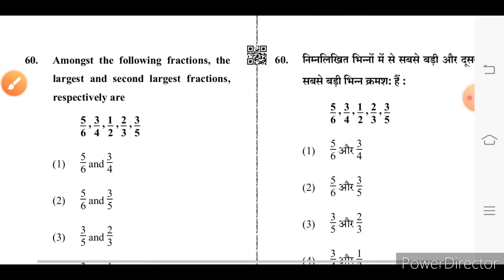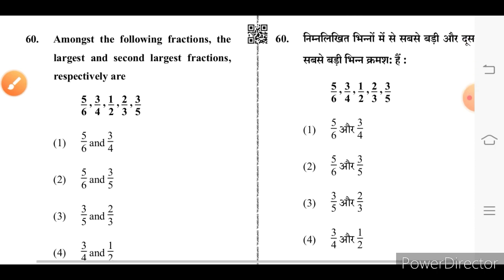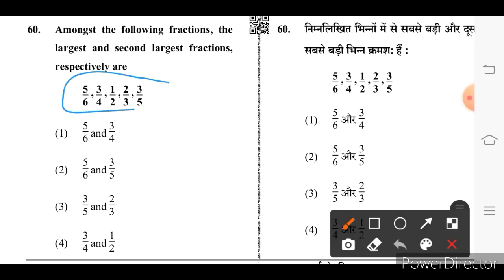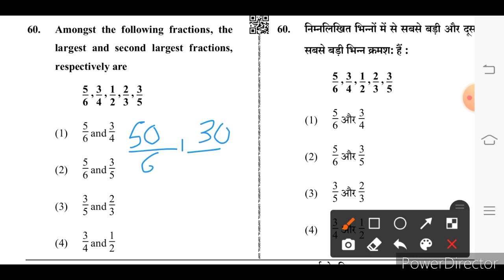Next question. Among the following fractions, the largest and second largest fractions respectively are. These are the fractions. Simply we multiply the numerator with 10. That means 50 by 6, 30 by 4, 20 by 3, 30 by 5. For easy calculation we do this.